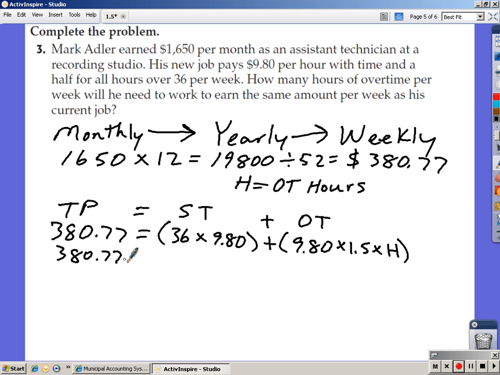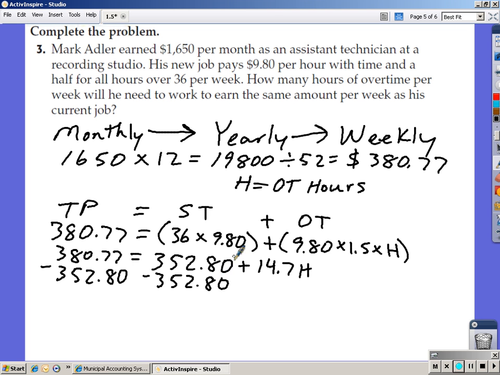380.77 equals 36 times 9.80, which is 352.80, plus 14.7H. Subtract 352.80 from both sides.